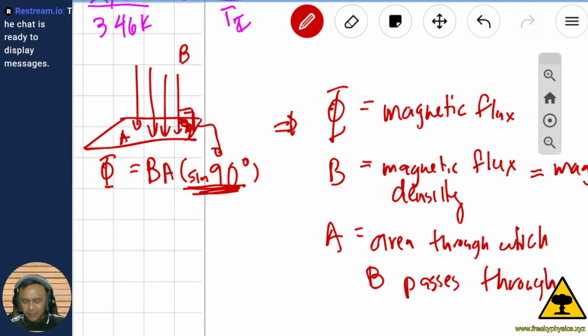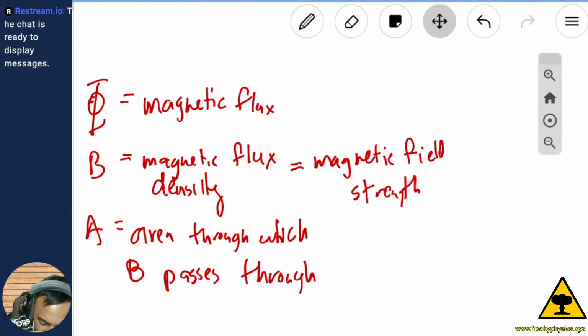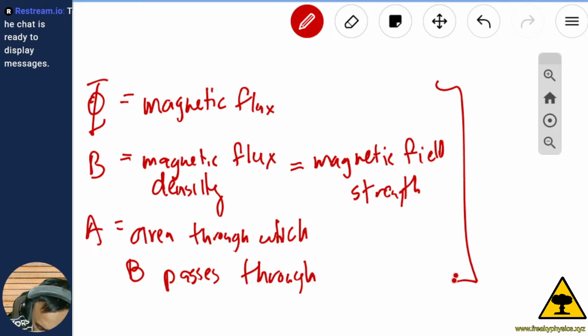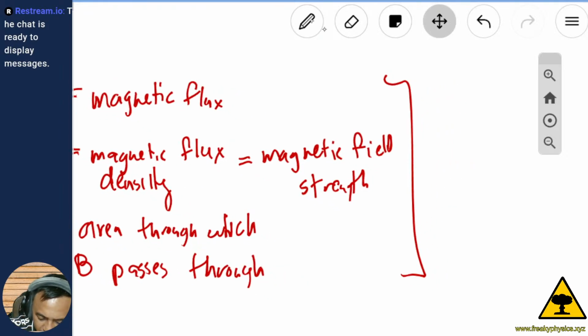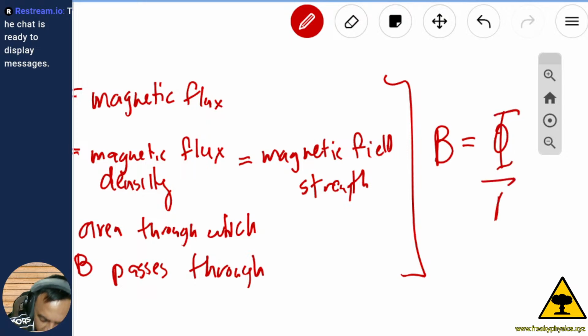Now the idea here is this has to be passing through, because there is a relationship between these three things. There is an equation relating these three things. B, the magnetic flux density, should be equal to the magnetic flux divided by the area. Now, what does that mean?